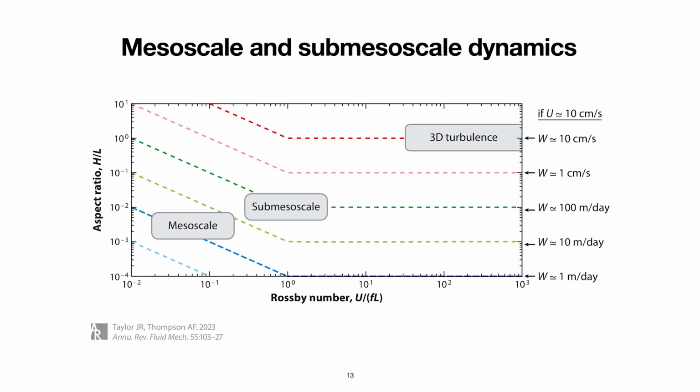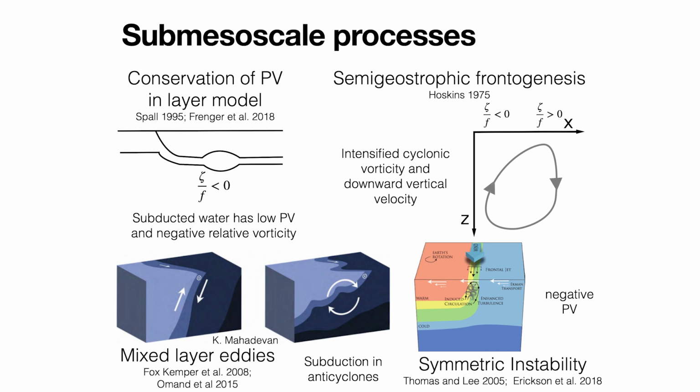And sub-mesoscale is really in that boundary where we can have vertical velocity of about 100 meters per day. And so we're beginning to loosen some of the constraints of rotation. And I want to point out that that puts us in a different scaling on both Rossby number and the aspect ratio. And there's a zoo of different sub-mesoscale processes that operate, right?